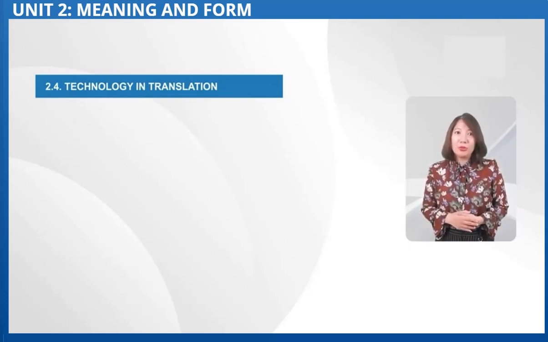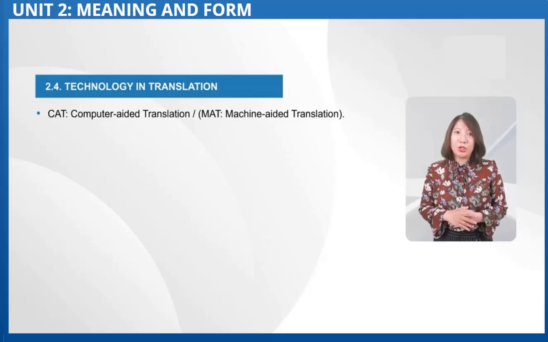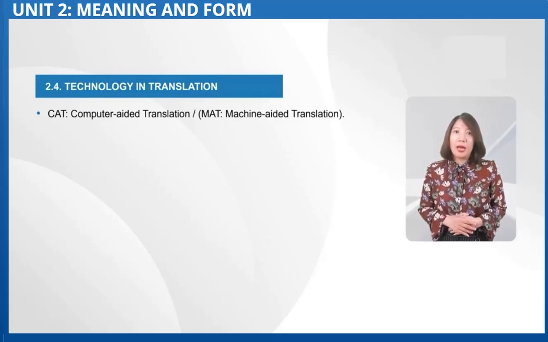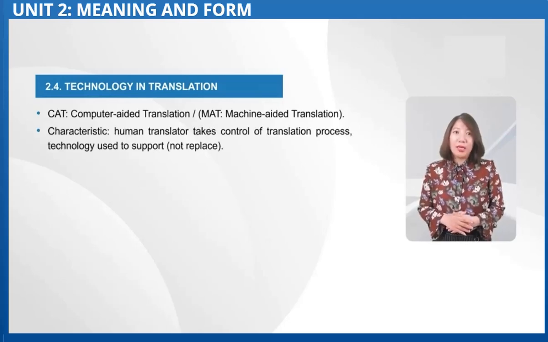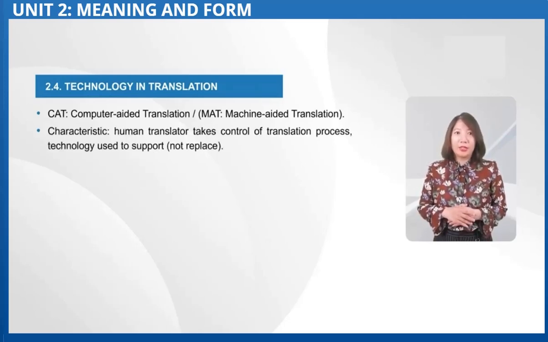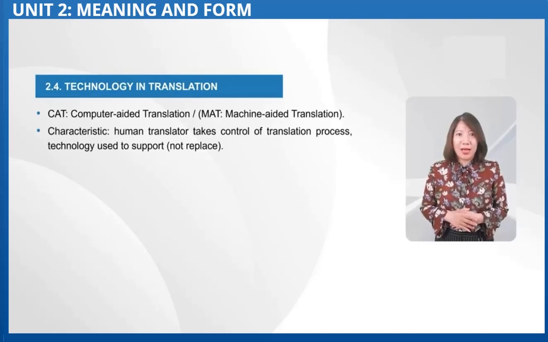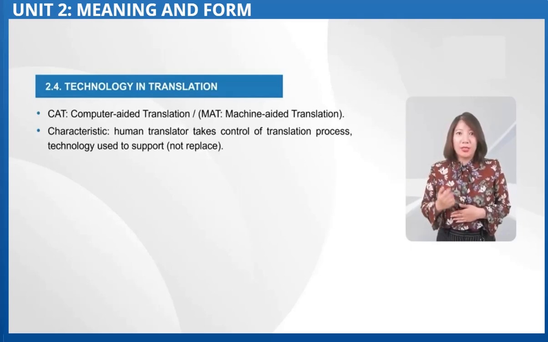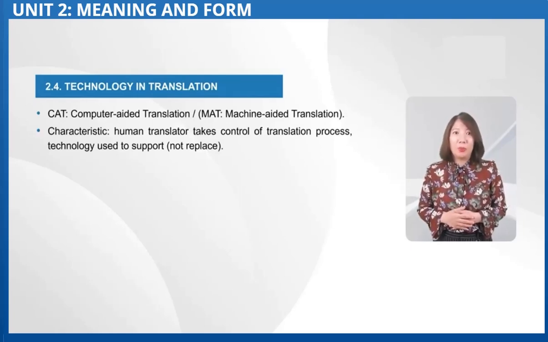Translation makes use of computer a lot with CAT, which refers to computer-aided translation, or MAT, the machine-aided translation. The main characteristic of technology in translation is that the human translator takes control of the translation process, and the technology is used to support, not replace human.